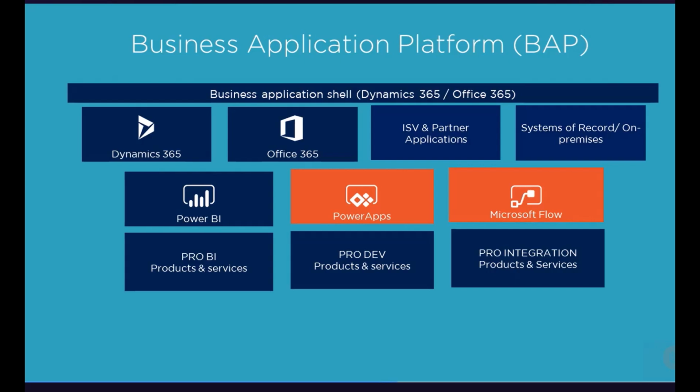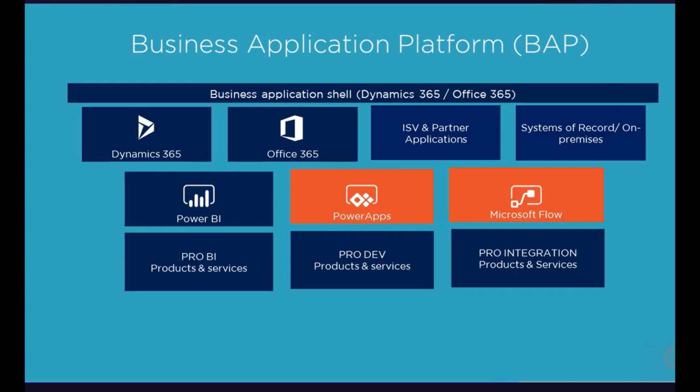What is really interesting about the business application platform is these tools and the extensibility mechanisms are baked into this platform. So, for example, you might start out in Power Apps. You may build an application quickly using the programming language called formulas, which we'll talk about later in the course. But if you hit a limitation where you're trying to implement a complicated piece of business logic, you can very easily drop into a Pro Dev tool and take advantage of that extensibility.